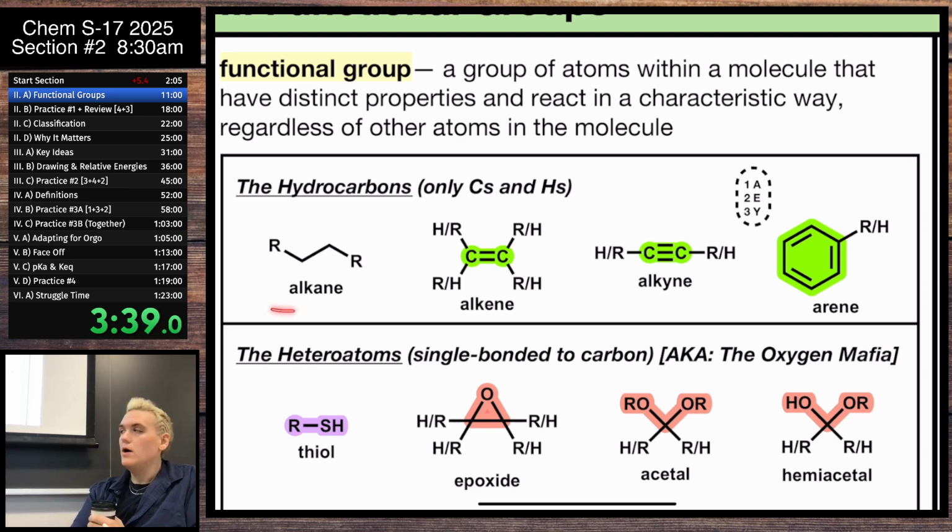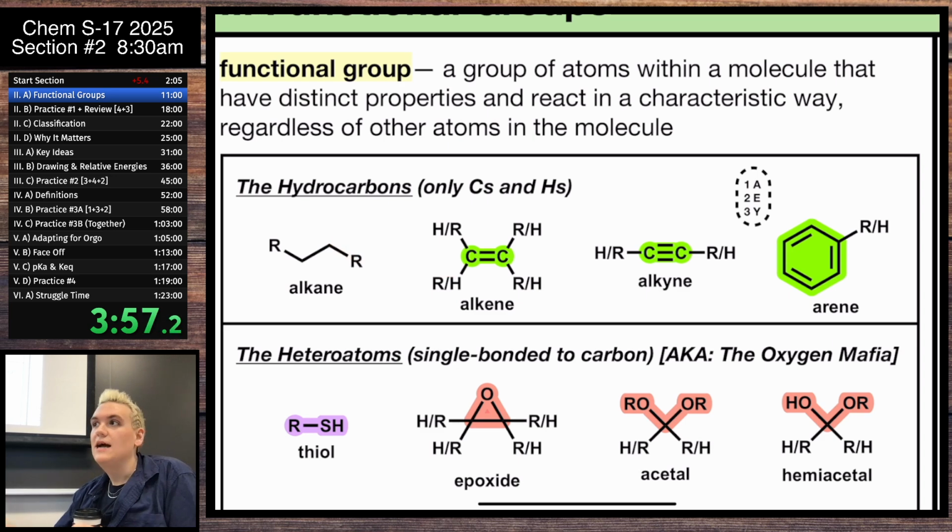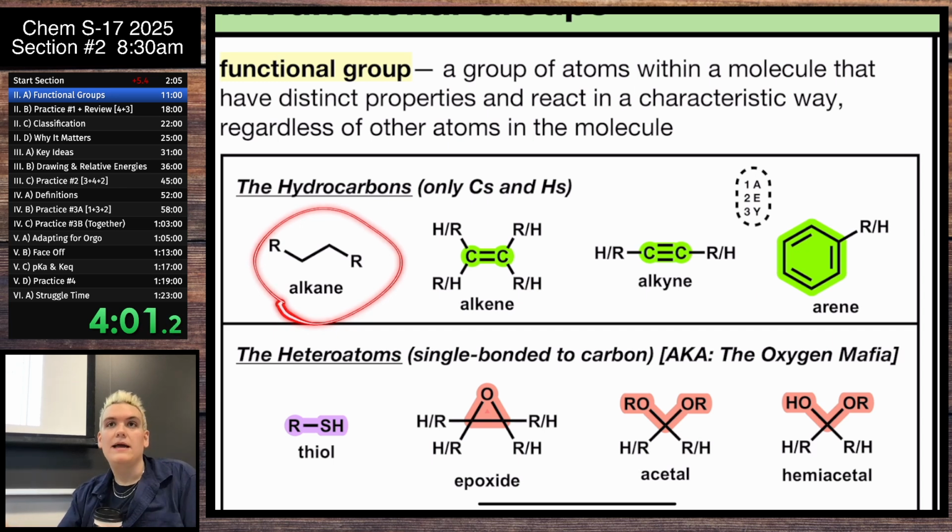They are the boring molecules. You might be seeing these R's here and wondering, what's an R? R is our shorthand abbreviation for any hydrocarbon chain. It could be an ethyl, two carbons, or a propyl, whatever, it doesn't matter as long as it's just hydrocarbons. If our whole molecule is just hydrocarbons, we call it an alkane.